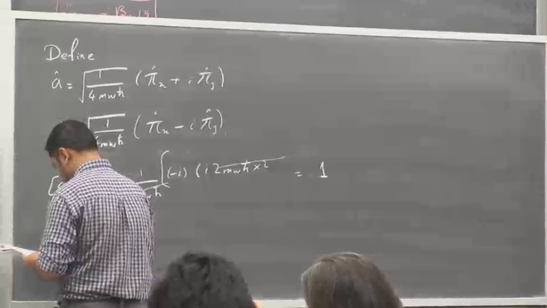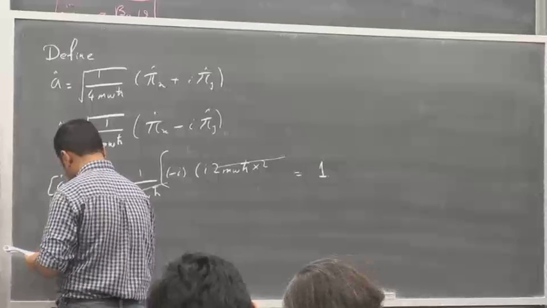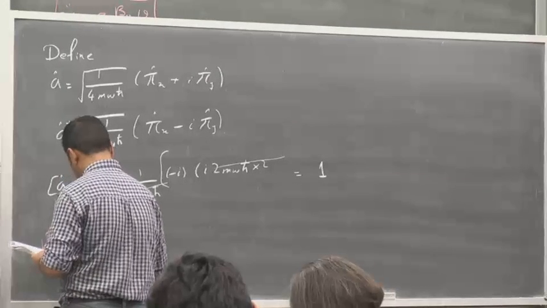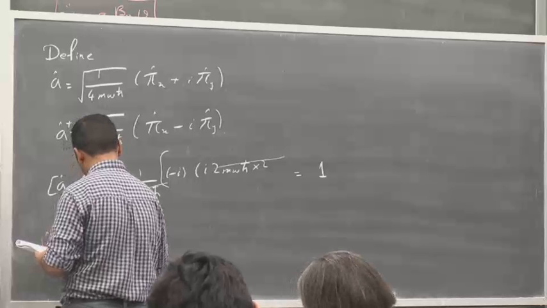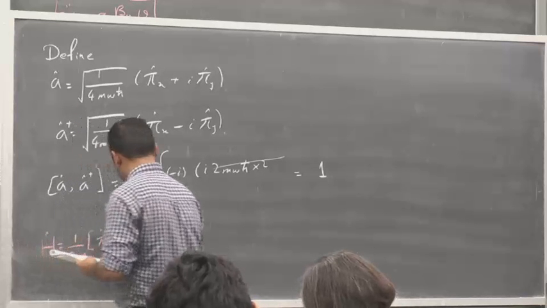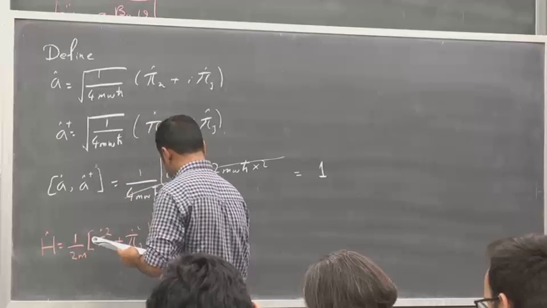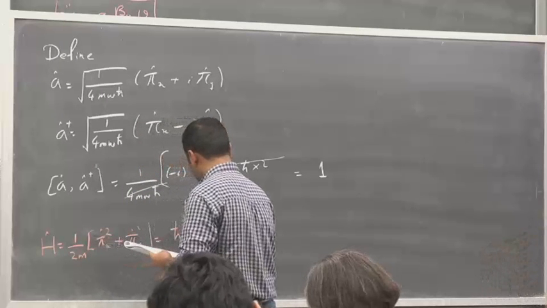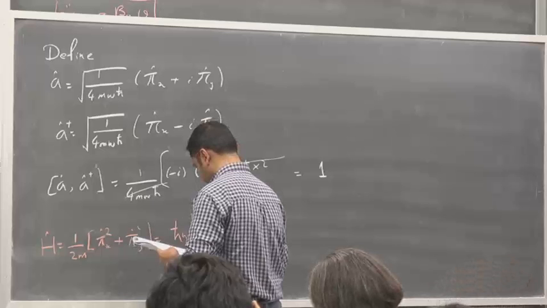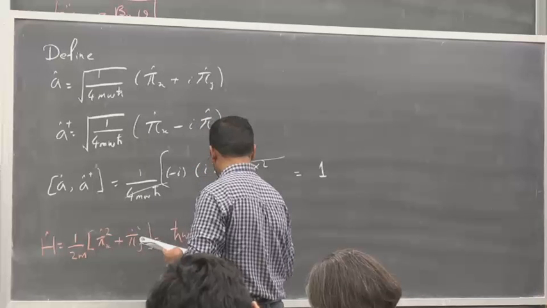The Hamiltonian in terms of these just becomes h bar omega a dagger a plus a half.